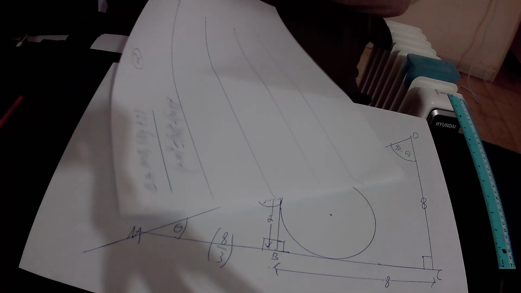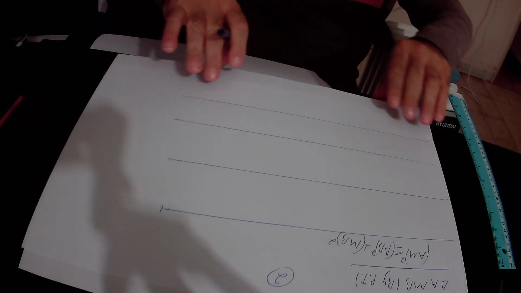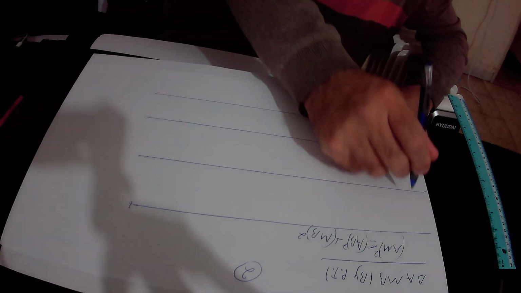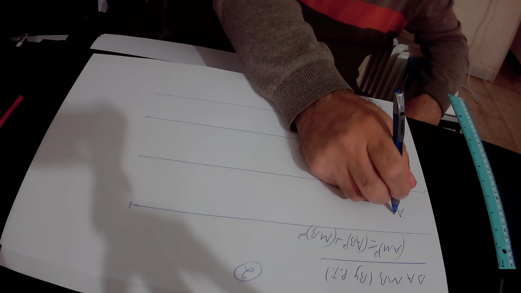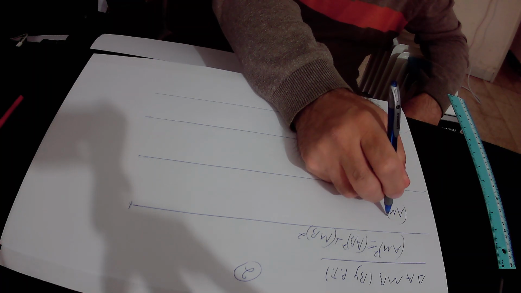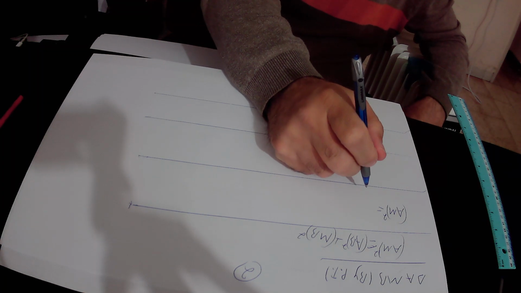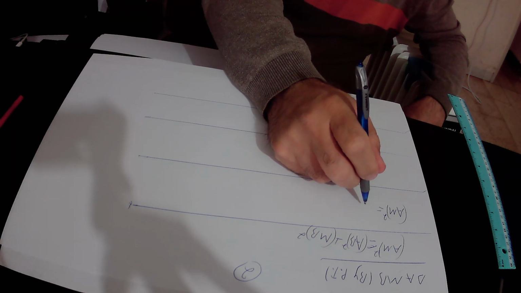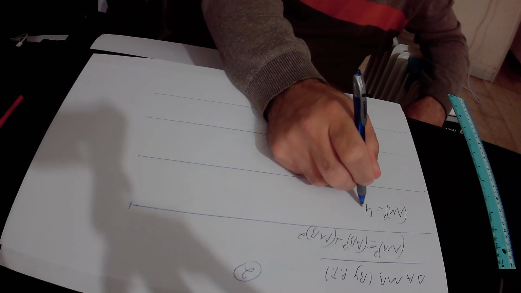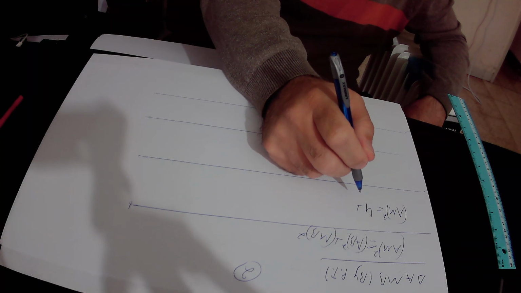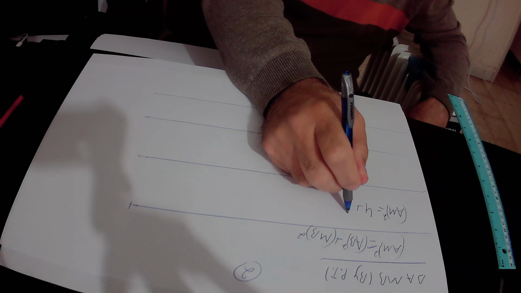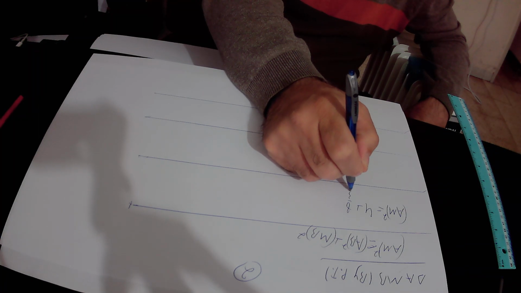So actually, AM square equals AB square. AB is 2, so AB square is 2 square, that is 4, plus MB square. MB is 8 over 3, therefore MB square is 8 over 3 square.